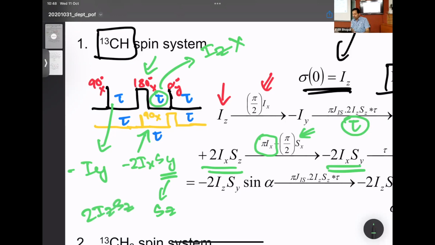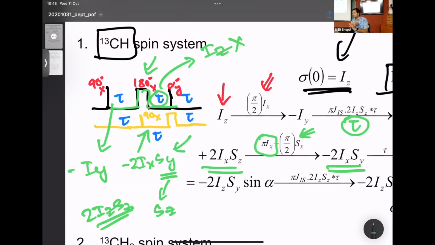From the tau 180 tau, you said, yeah, in this tau duration, only chemical shift got refocused. Scalar coupling will not. So scalar coupling is still active, right? Go back to the basics that we learned. Scalar coupling and multiple quantum coherence will commute with each other. So therefore, during this tau delay, scalar coupling will not evolve.